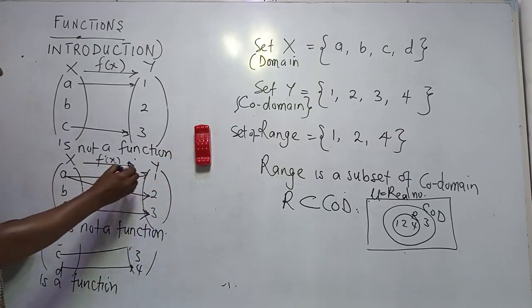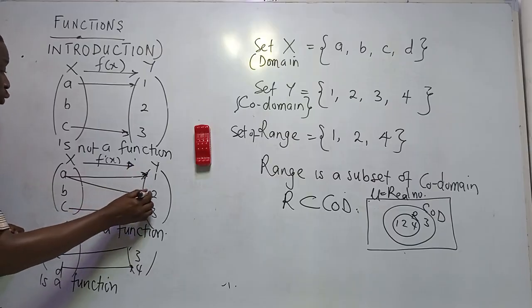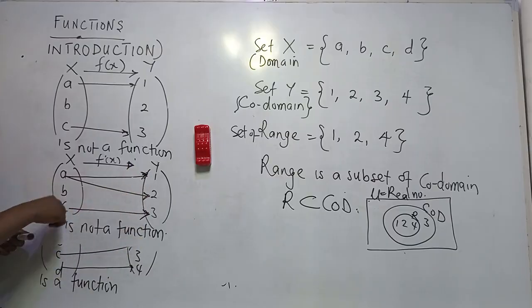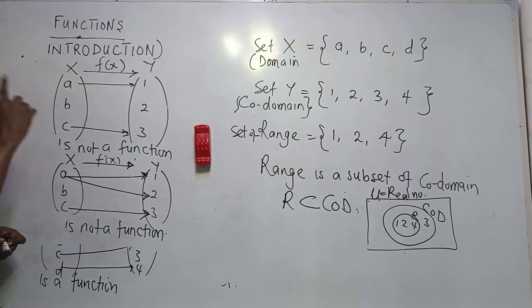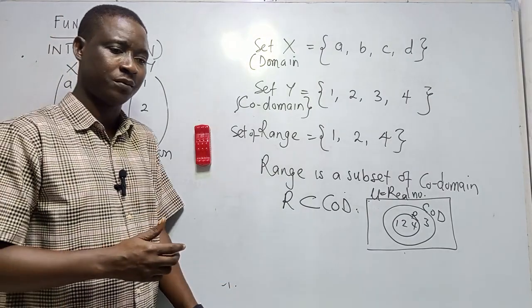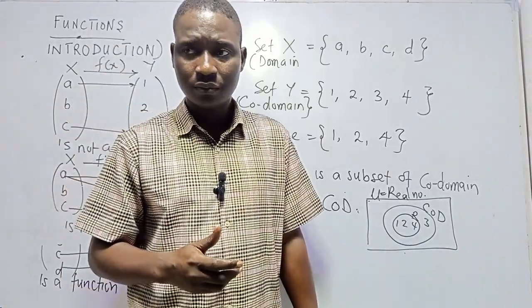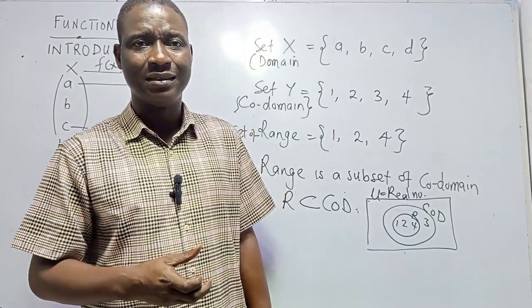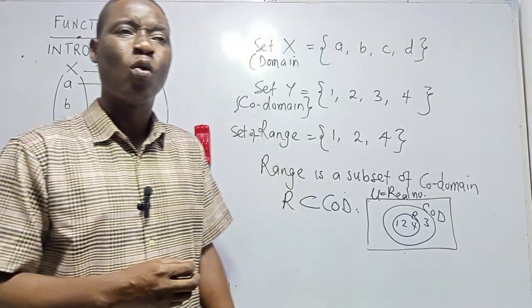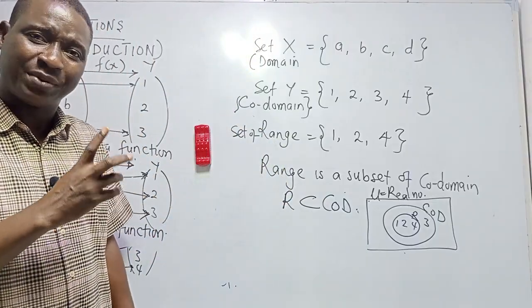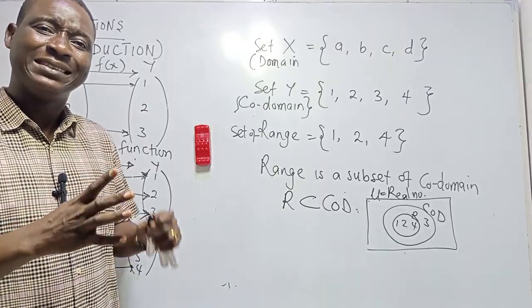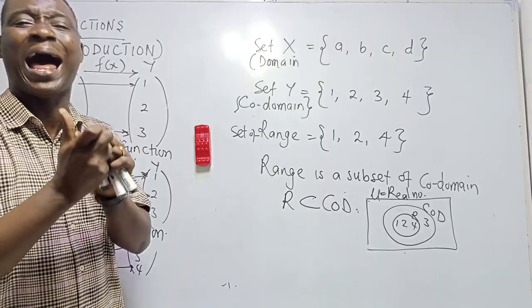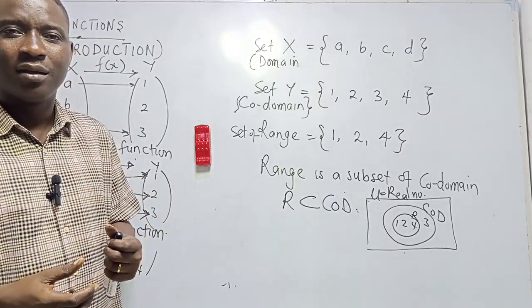Now, why is this one not a function? We told you that for something to be classified as a function, the element of the domain must have one and only one member in the codomain. Let me give an illustration. Is it possible for a man to impregnate a woman, with no other affair with any other woman, and the two children she gave birth to are not from the same mother?